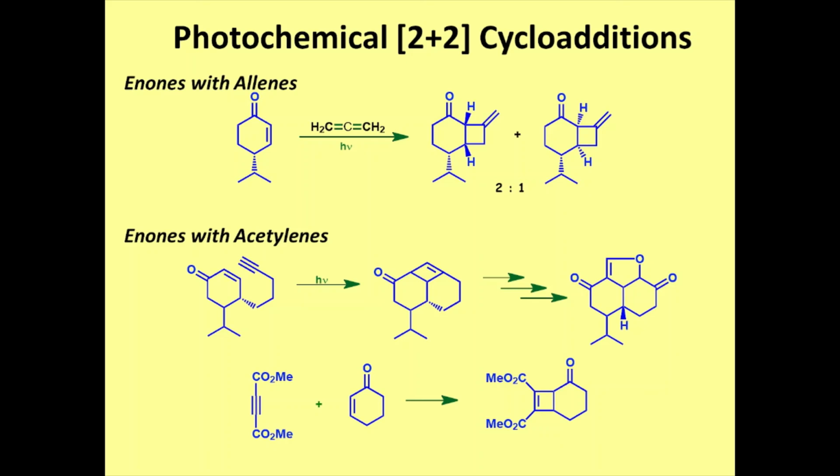This is an intermolecular version of that reaction, where under photochemical irradiation these fused cyclobutene ring structures are formed, and they can eventually lead to the following tricyclic compounds, which are biologically very important. The other one, the intermolecular version with an alkyne and enone system, may lead to these fused 4,6 carbocyclic ring structures. These are very simple and easy examples, but these are examples of 2+2 cycloaddition reactions which occur photochemically.